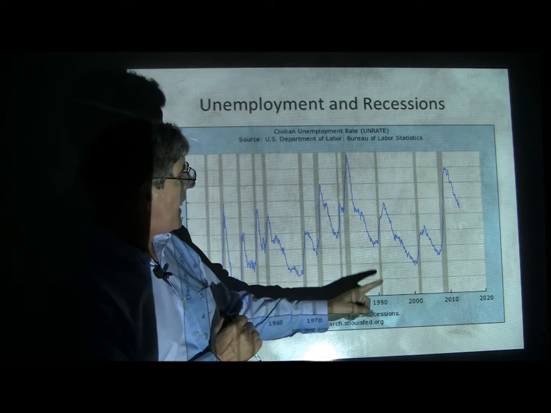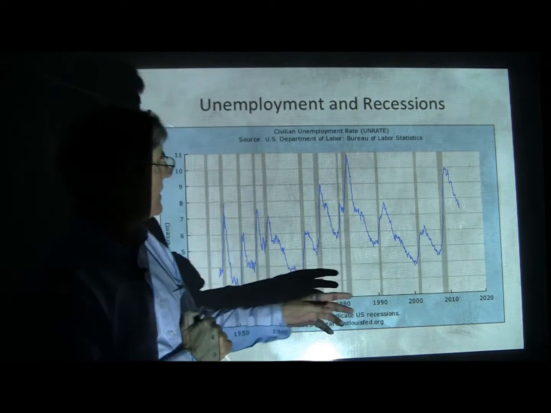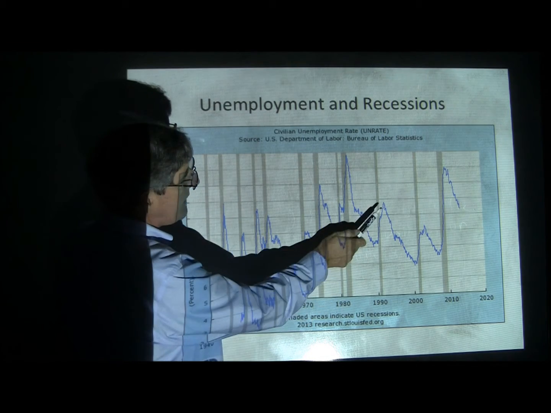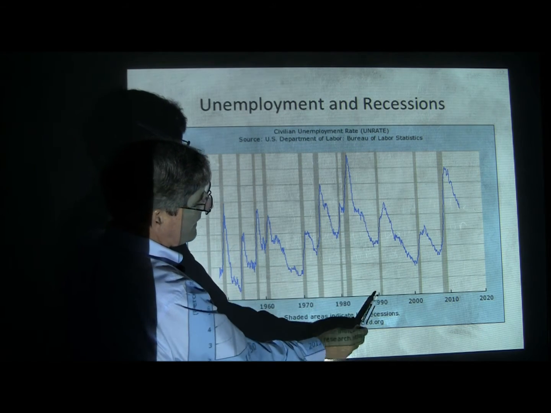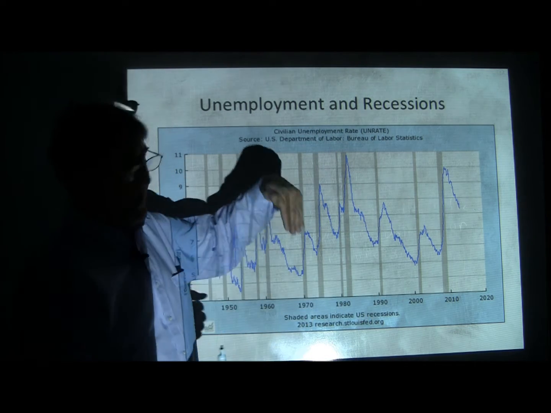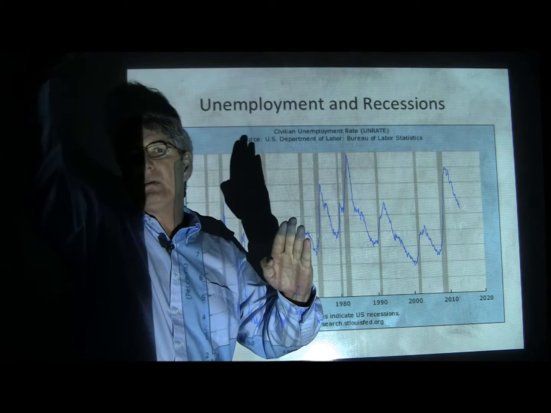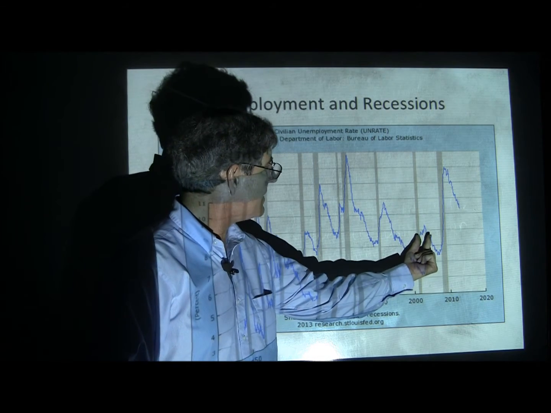But of the last three recessions, the Great Recession, the 2001, 91, 92, there was a little bit of a break. You can see that the peak for the unemployment rate is quite a bit after the output started recovering. So output troughed and began coming back up, and it took a little while for unemployment to peak and begin coming down. So there was a disconnect. Same thing happened in the next recession.